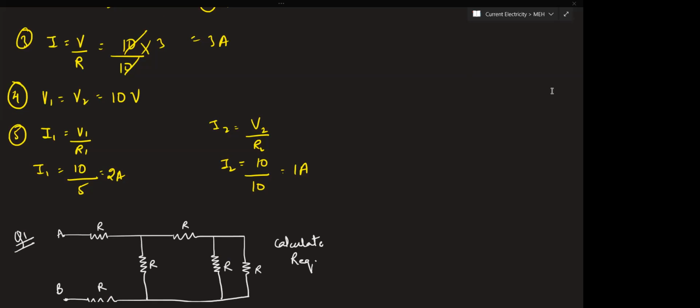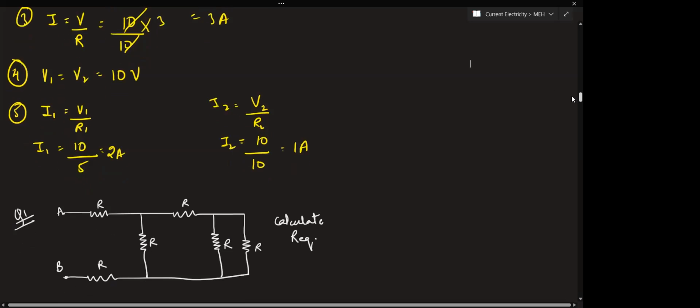For all those who have completed the writing portion, can solve this question. Equivalent resistance.